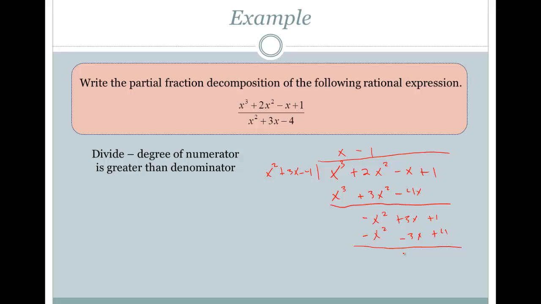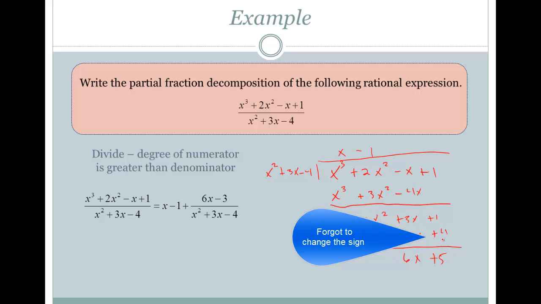I'm going to get 6x plus 5. And so what I will get here is x minus 1, 6x minus 3. Oh, I'm sorry, that is minus 3. Got to change the sign. So 6x minus 3.